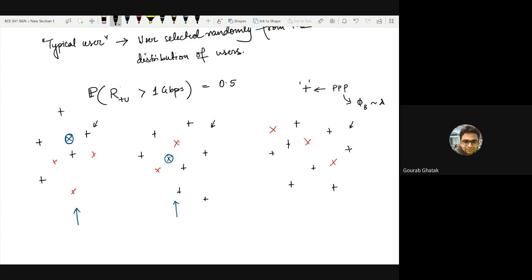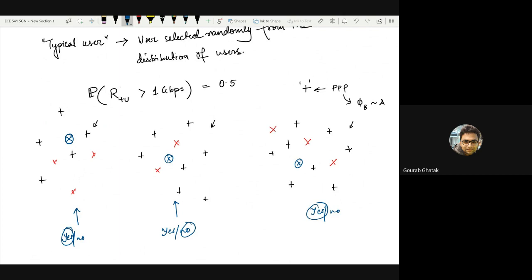Now you are this blue user and you are asking this question at each realization of these plus signs across different cities: is my rate greater than 1 Gbps or not? It will be a yes/no question in each. So suppose here you get a yes, here you get a no, here you get again a yes.